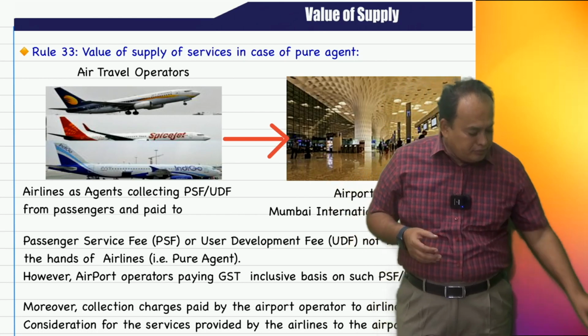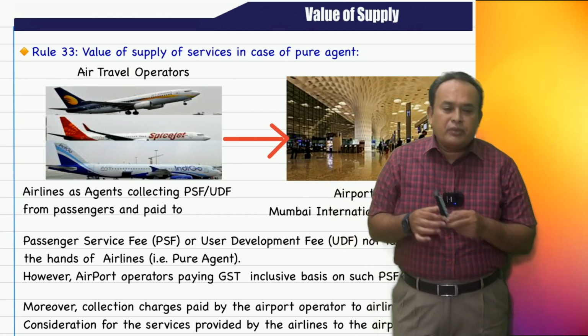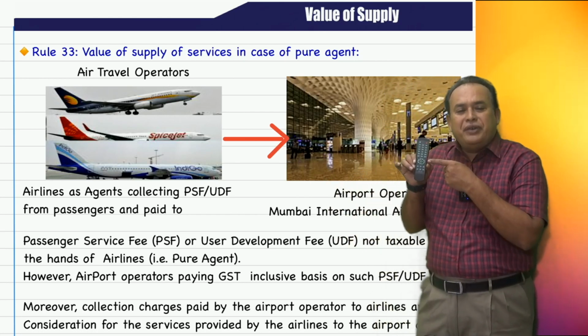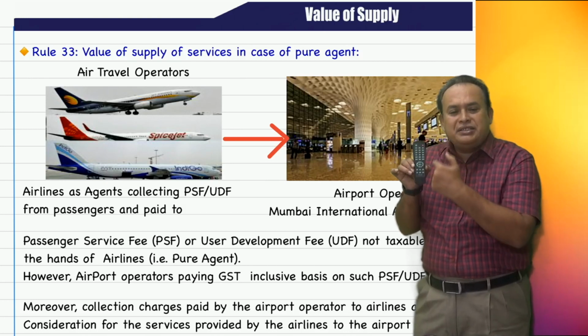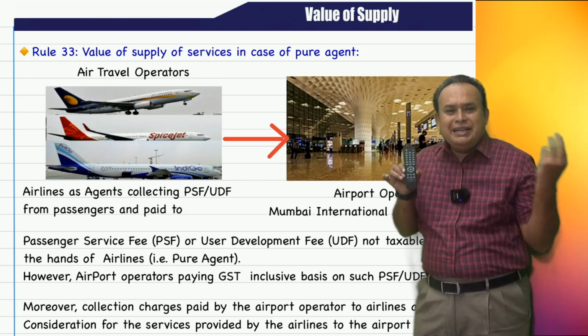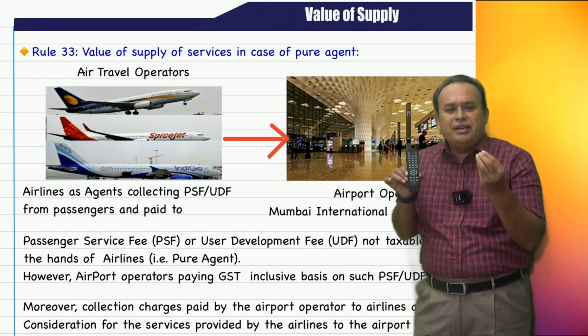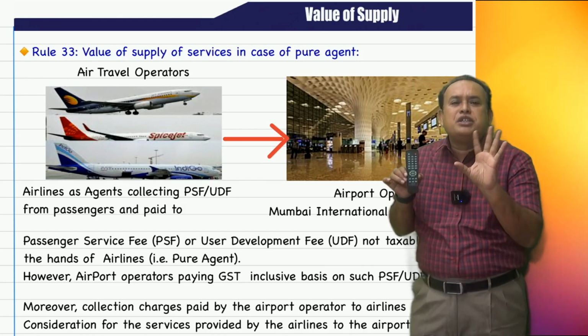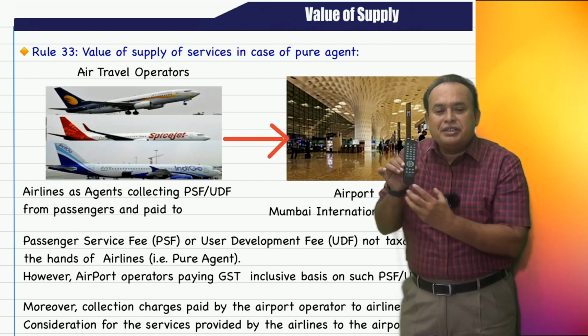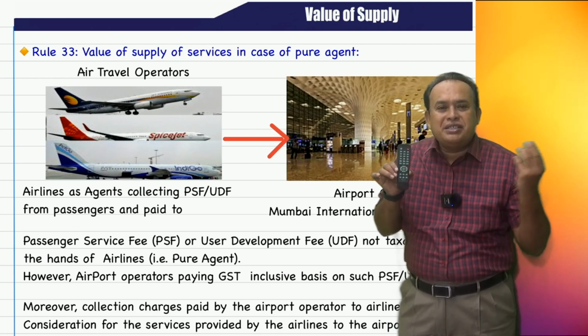Sir, look here. I want to manufacture this product. I need raw material. Raw material, let us say, costs 60 rupees.